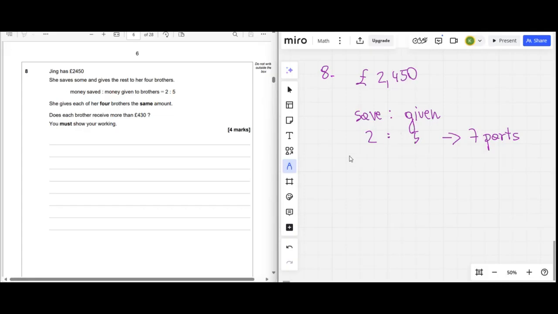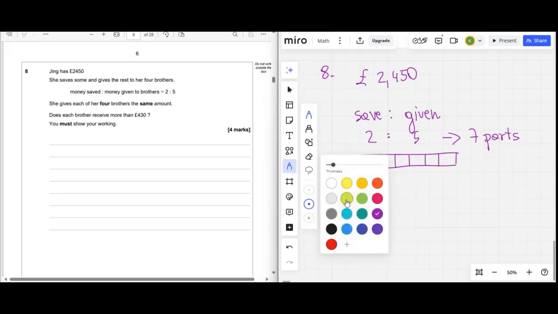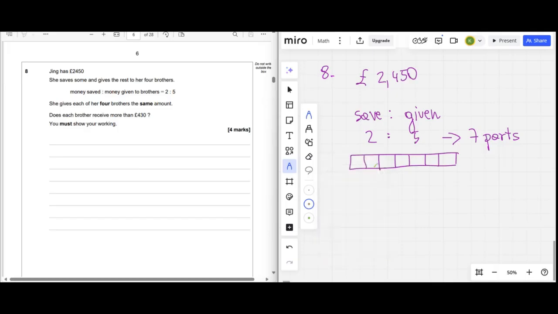How are we doing this? We have those 7 parts. This is saved. This is given.